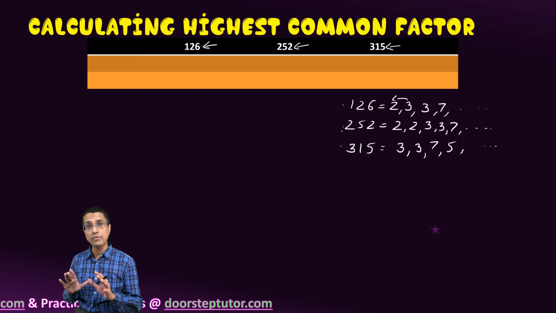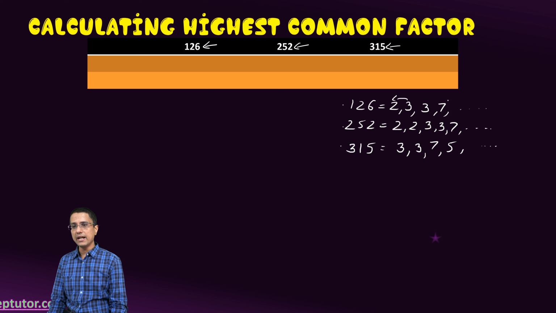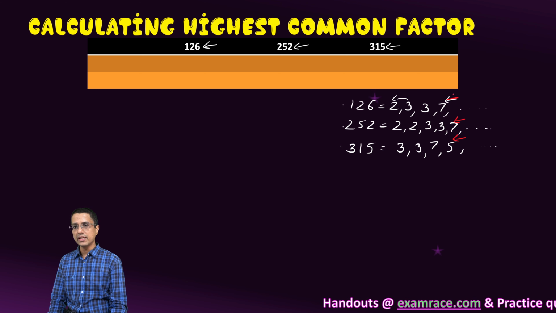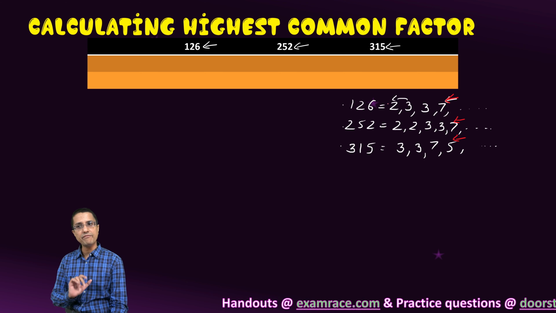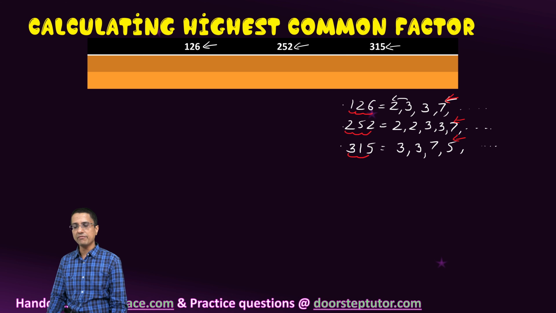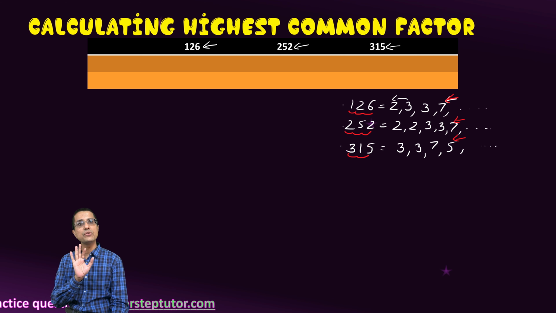Okay, so one of the methods which we can use if we are bent upon listing the factors, if you indeed want to use this method, one of the things that you can do is look at all the prime factors for 126, 252 and 315 all together, see which factors are actually common.